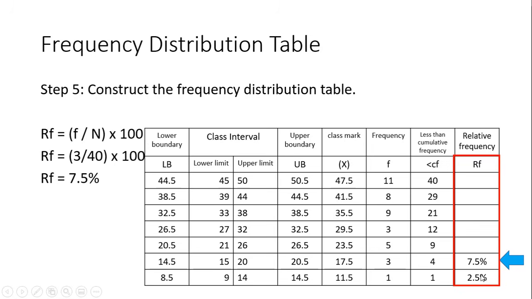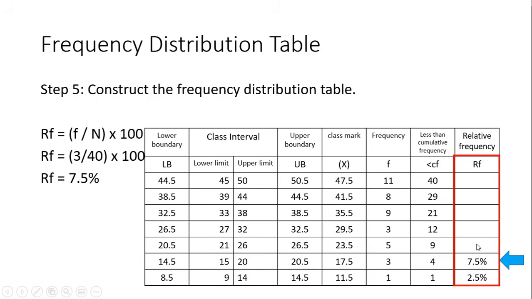Next, 3, which is the frequency for this row, because this is what we are trying to compute for. 3 divided by n, which is constant, 40, times 100 is 7.5.